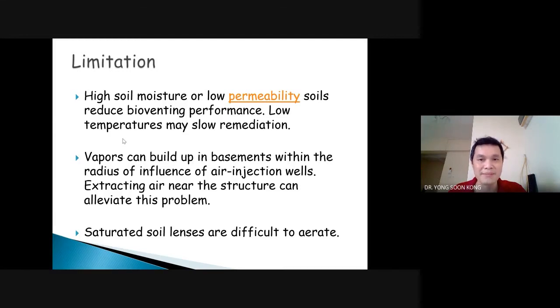Because of that, air permeability is usually a problem. You pump air, it will not go through because the soil already has moisture. Maybe the moisture is the one that comes out. So it only works in unsaturated soil.